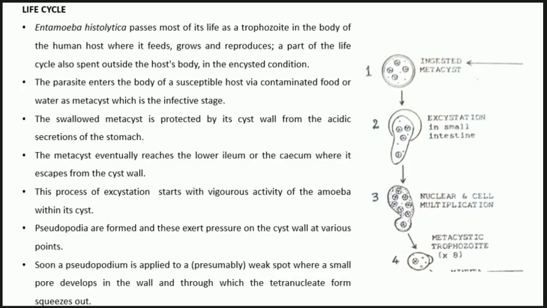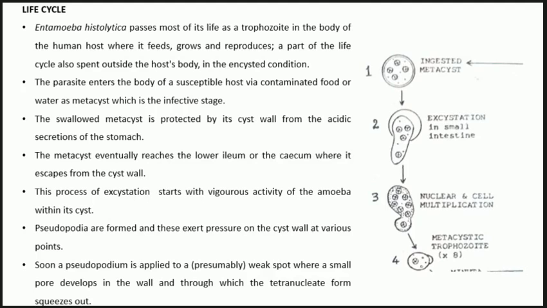Remember, the intestine is divided into small and large intestine, and even the small intestine is divided. Up to the lower ileum or the cecum, it is still in the metacyst stage.